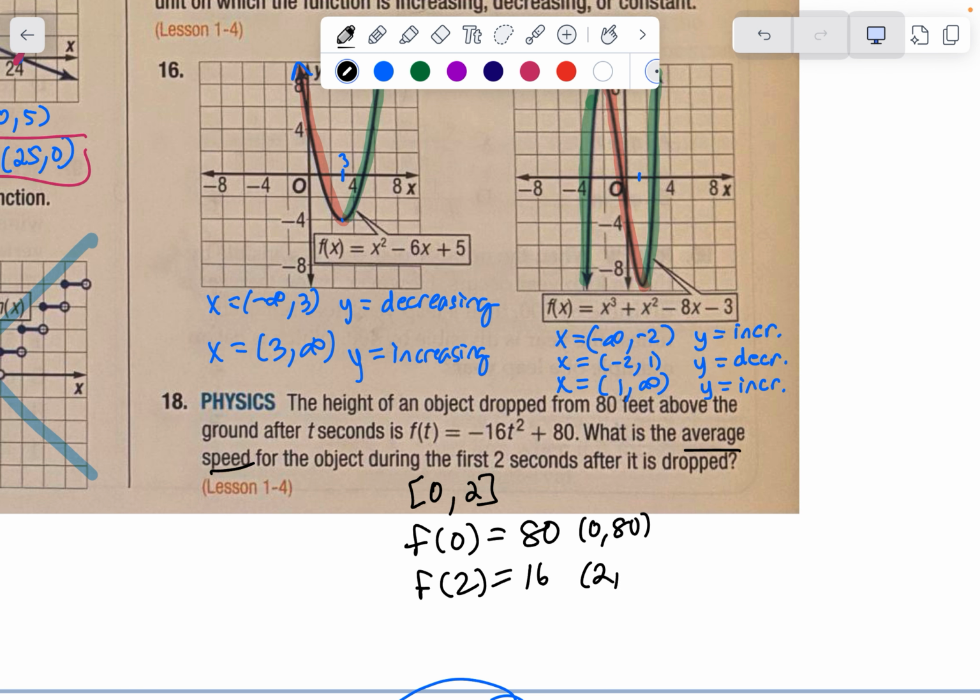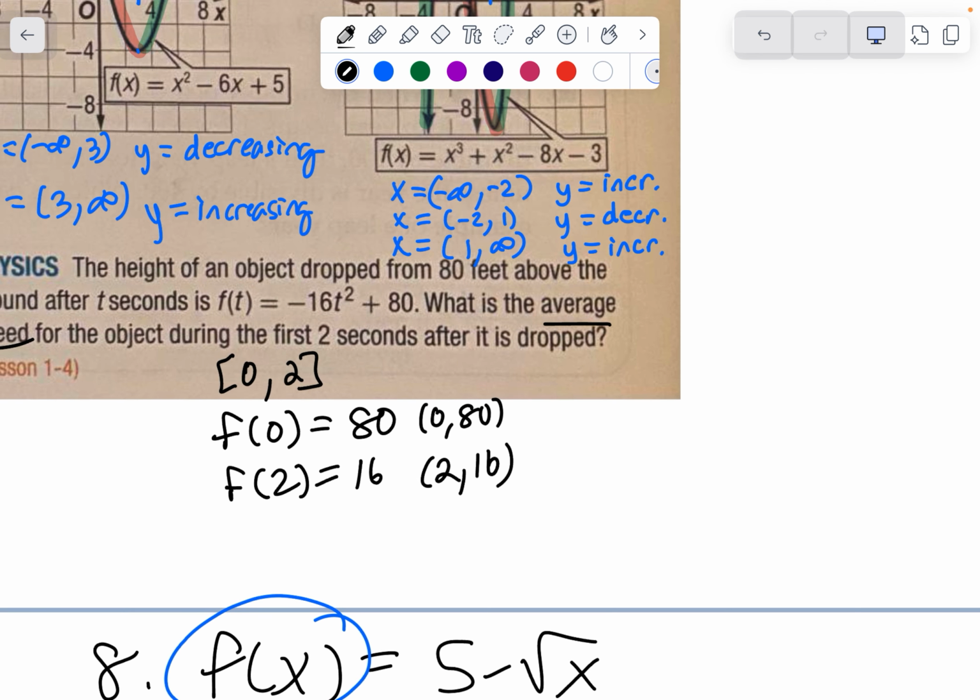So we're just doing that average value formula, the slope equation, however you want to think about it. So remember, it's y2 minus y1 over x2 minus x1. Okay. So the first one you plugged in, 0, let's make that x1, y1.